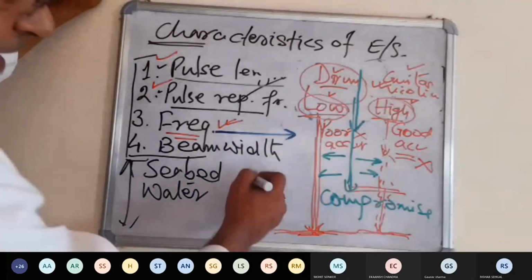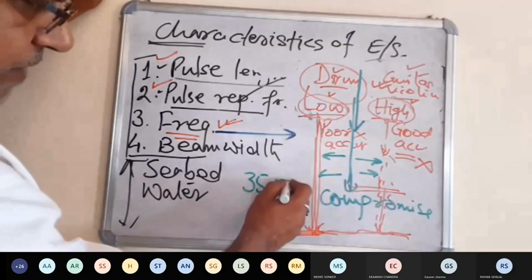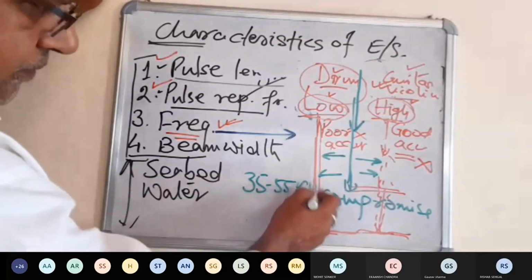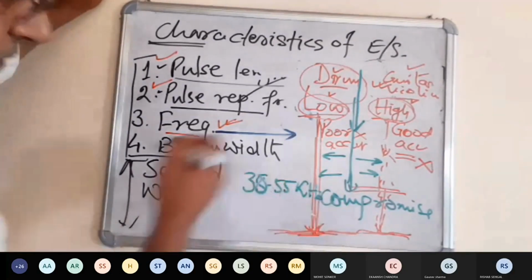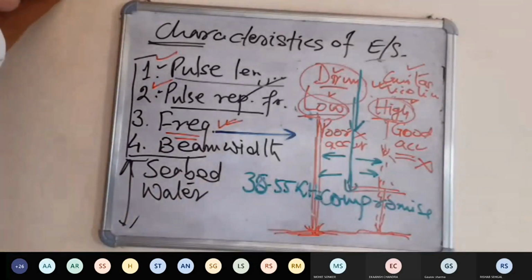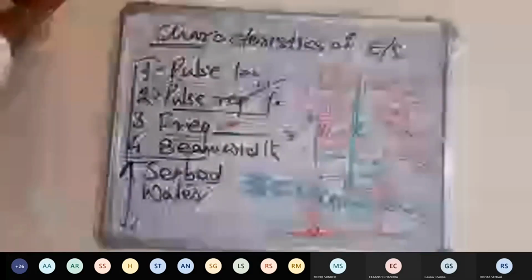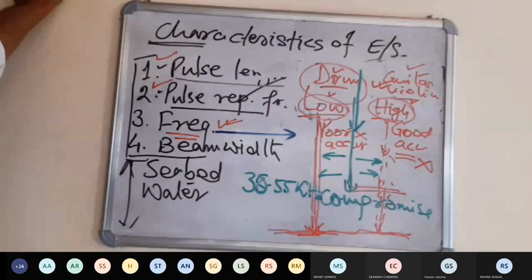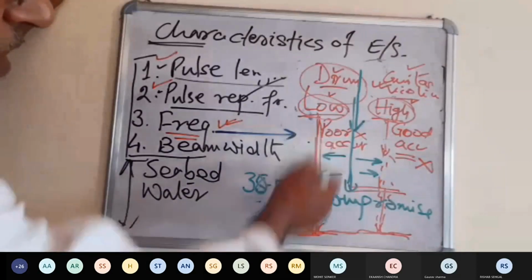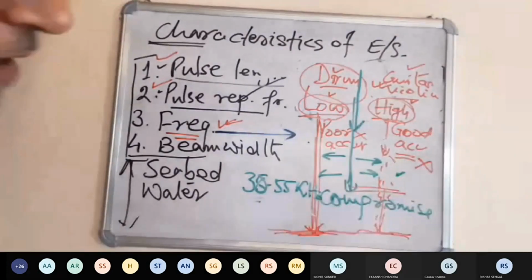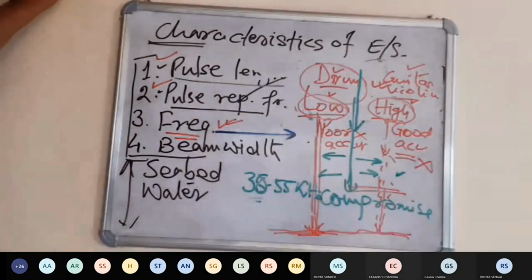That is normally between 35 and 55 kilohertz, or maybe 30 to 55 kilohertz. Then a single frequency. When dual frequency receivers are there, then it is about 30, 35, 40, और ऊपर में जाते हैं तो 150, 200 kilohertz also used.